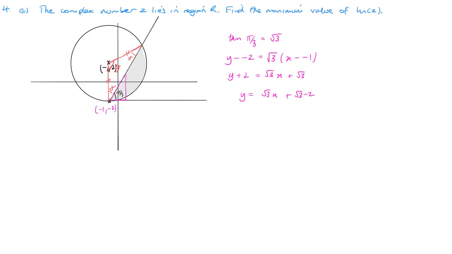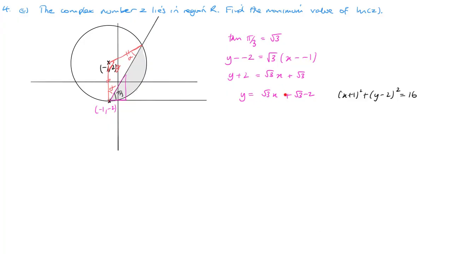And the equation of the circle was x plus 1 squared plus y minus 2 squared equals 16. I know we had less than or equal to 16, but in terms of the actual equation of the circle, it'll be equals to 16.